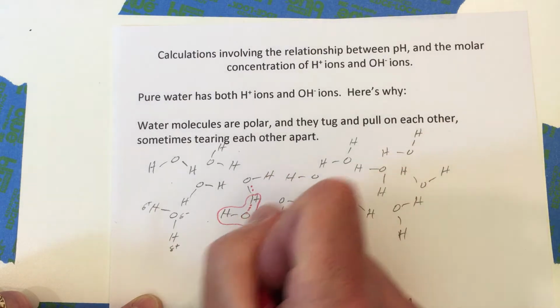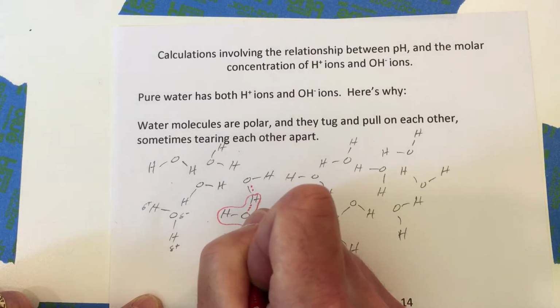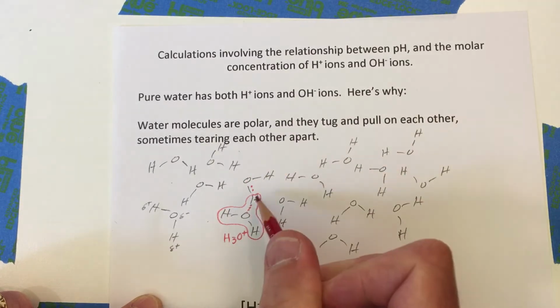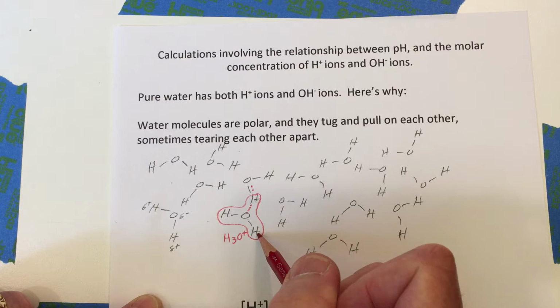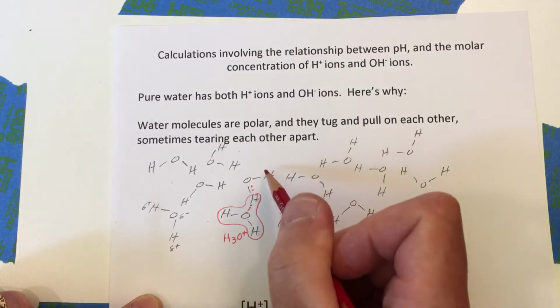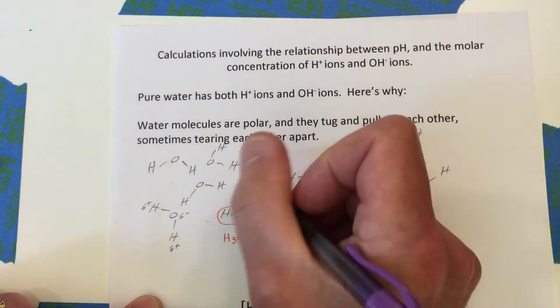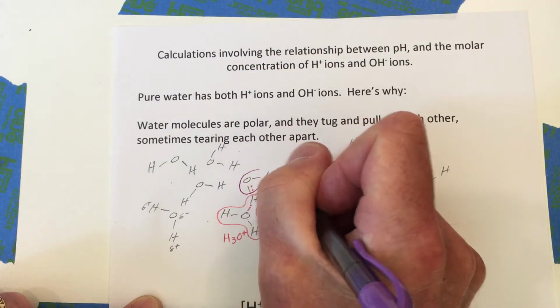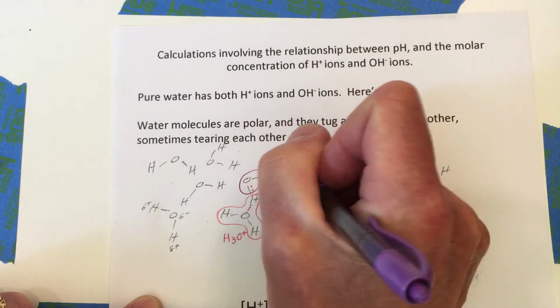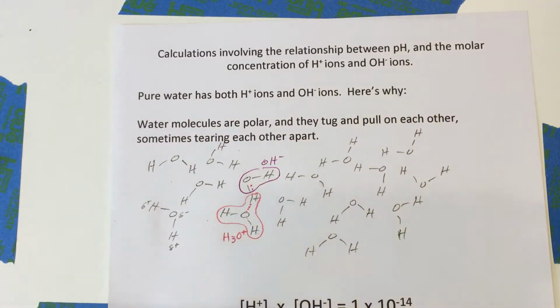So we end up with H3O plus, because just the proton was captured by this water molecule, and the electrons are left behind here. So here we get OH minus, because the electron was left behind, so it takes on that negative charge.